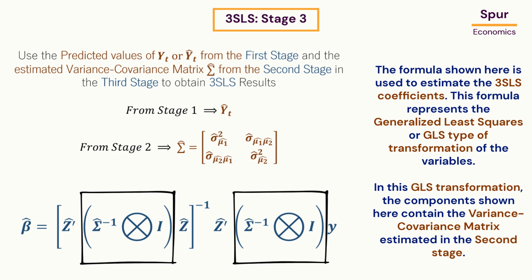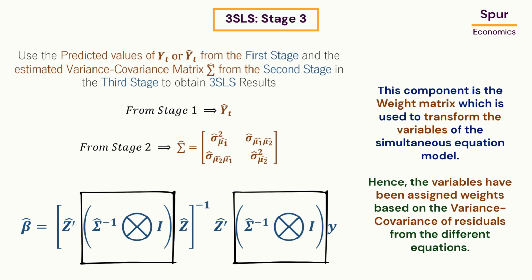In this GLS transformation, the components shown here contain the variance-covariance matrix estimated in the second stage. This component is the weight matrix, which is used to transform the variables of the simultaneous equation model. Hence, the variables have been assigned weights based on the variance-covariance of residuals from the different equations.